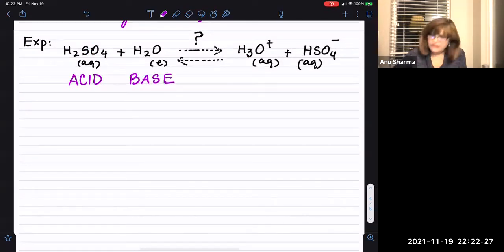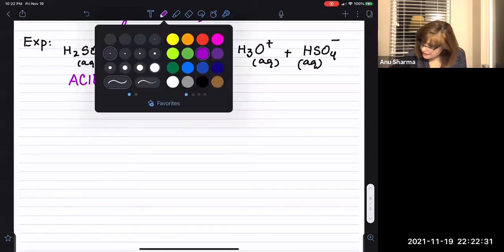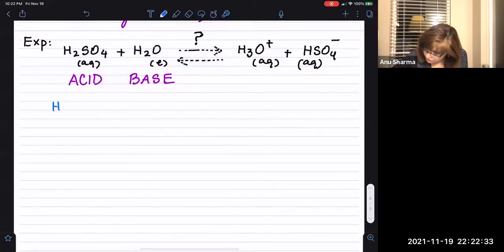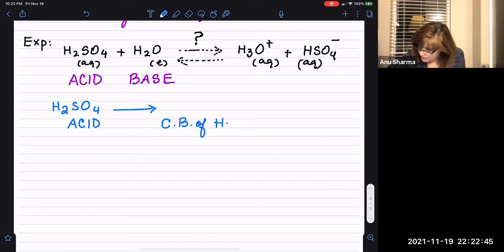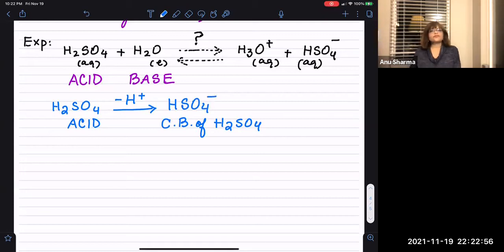Every acid, now this H2SO4 is acting as an acid, then the conjugate base of H2SO4 is 1 hydrogen ion less. So this is HSO4, 1 negative.